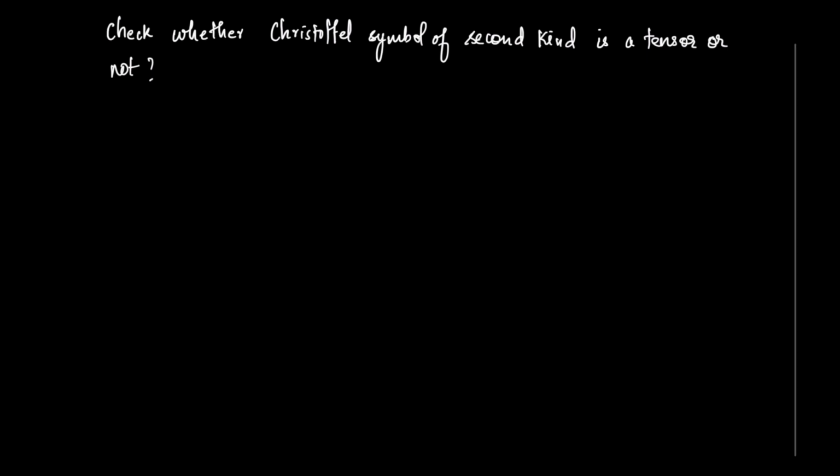So the definition of Christoffel symbol of second kind is given as Christoffel symbol sigma nu lambda is equal to the fundamental contravariant metric tensor multiplied by Christoffel symbol of first kind.